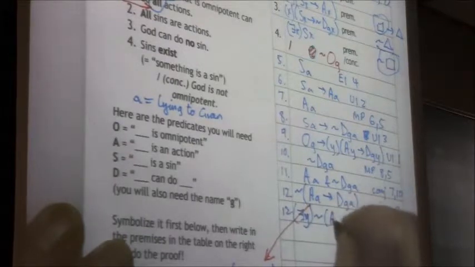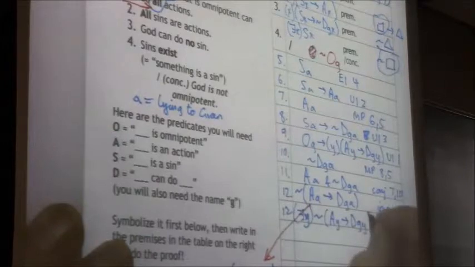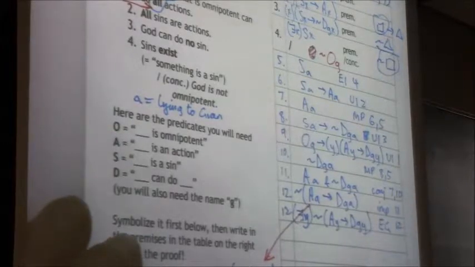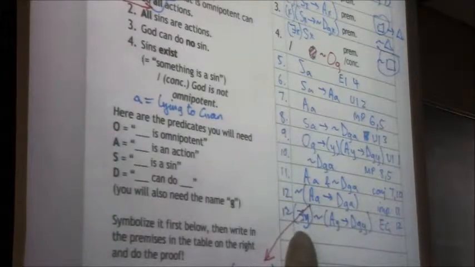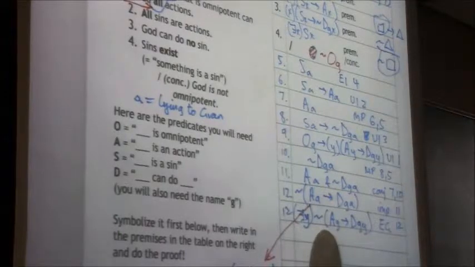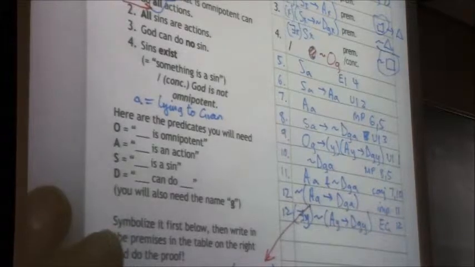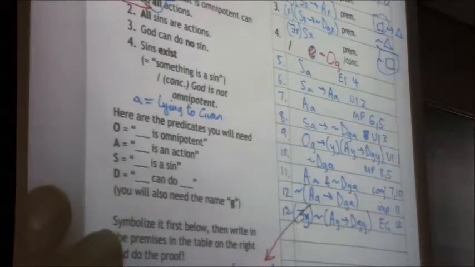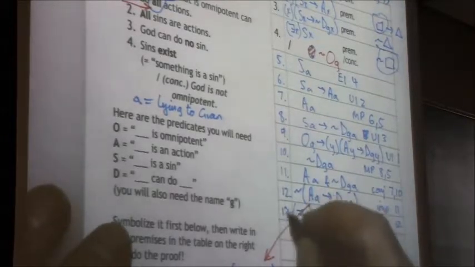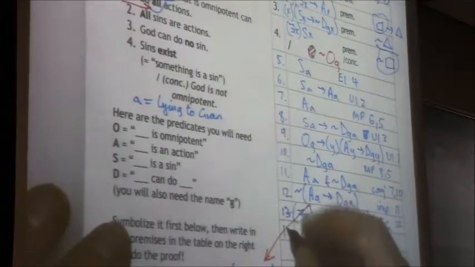So we get Ay, then DGy. This means there is something such that it is not the case that if it's an action, then God can do it. Okay? And that's line 13, not 12.